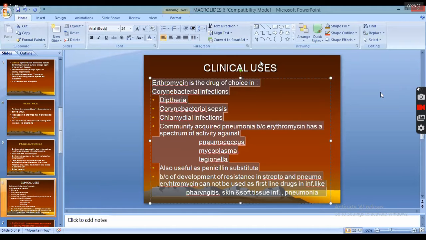Now, this is important: community acquired pneumonia. Community acquired pneumonia, CAP, is different from HAP. HAP is hospital acquired pneumonia. Community acquired pneumonia means pneumonia that people get from the surroundings, not in healthcare areas. Pneumonia that comes from the hospital is more resistant to treatment because it is already resistant and exposed to different types of antibiotics.